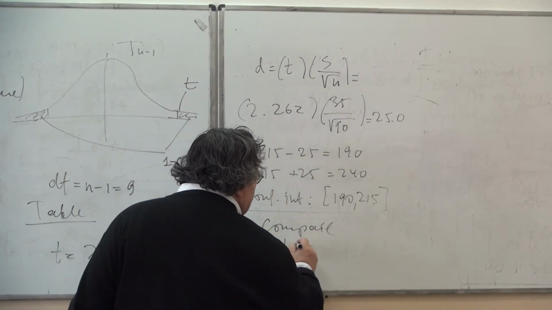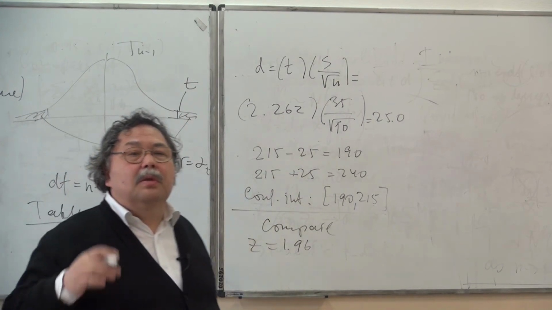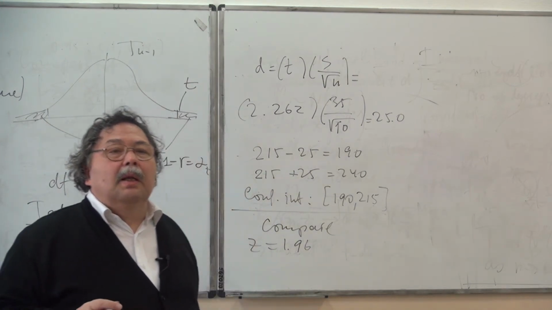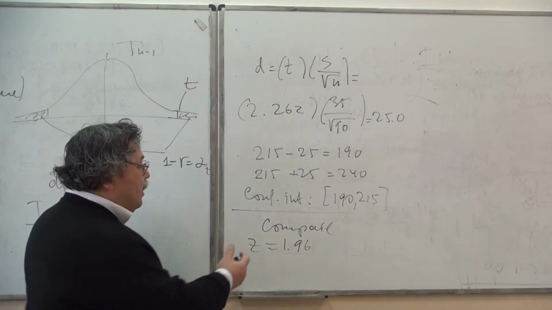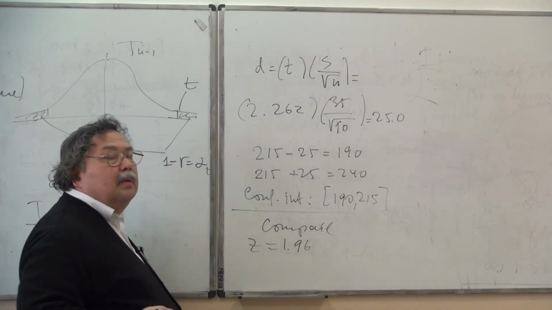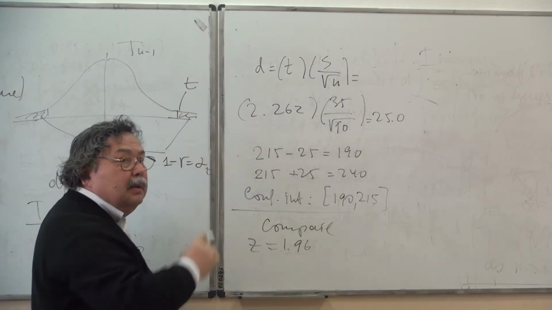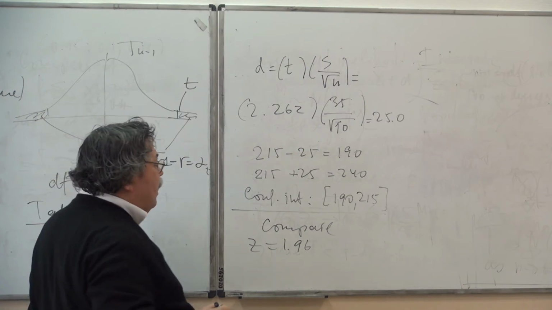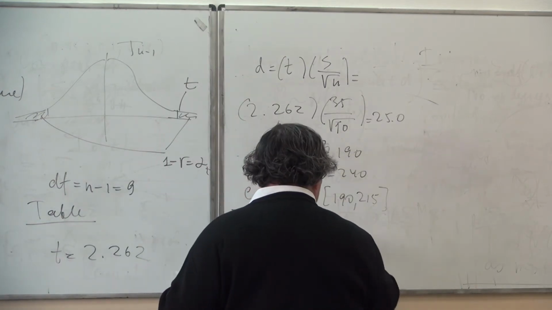Now z is 1.96. If we use the normal distribution, which is not warranted here, but if we did this, we would have z equal to 1.96 instead of this one. Okay, and how different are they?